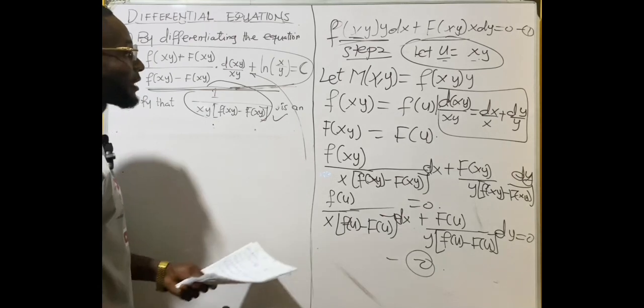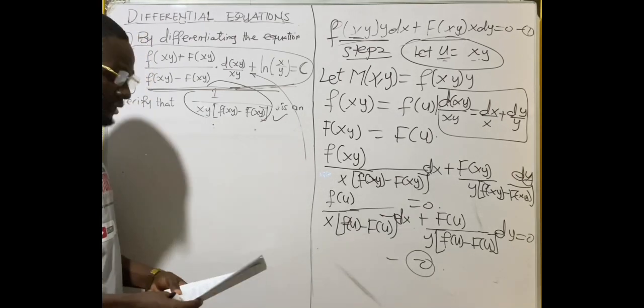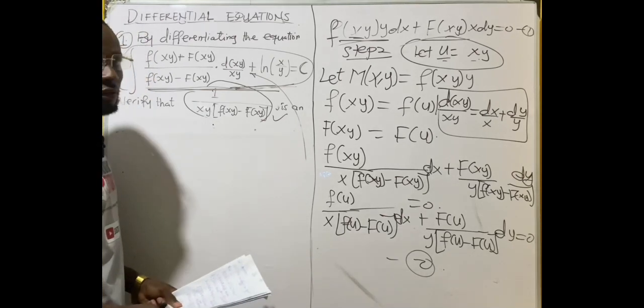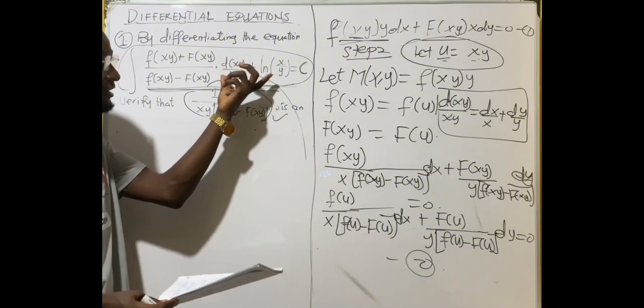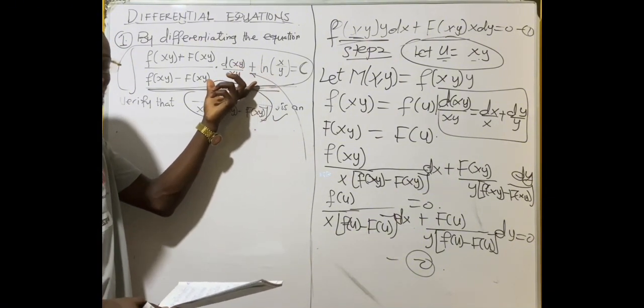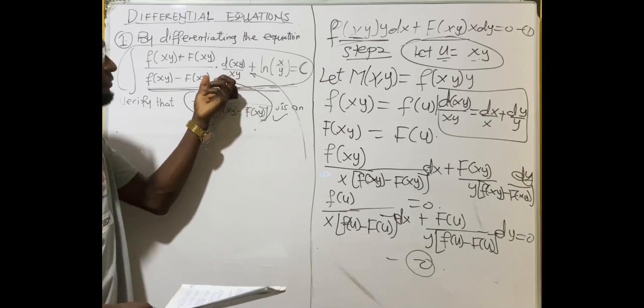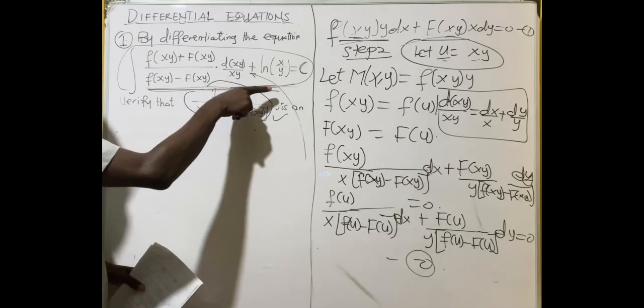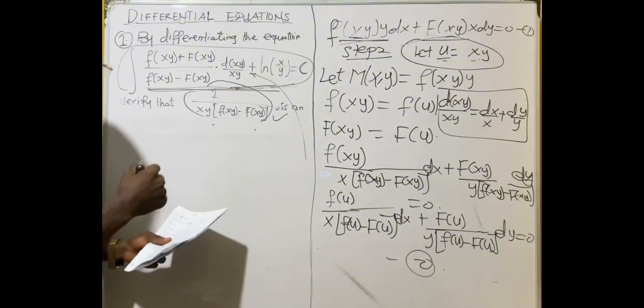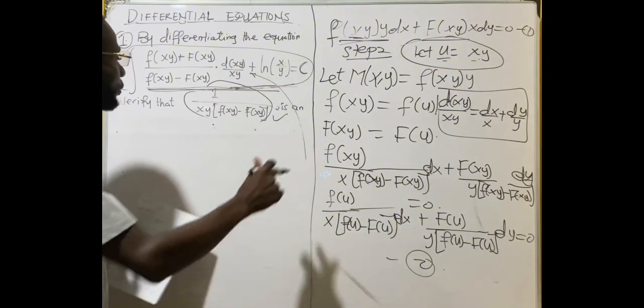So now let's take the differential of the function, right? This is the function that we are trying to differentiate. Integral of this function, we want to integrate. So we want to differentiate. So let's do that.